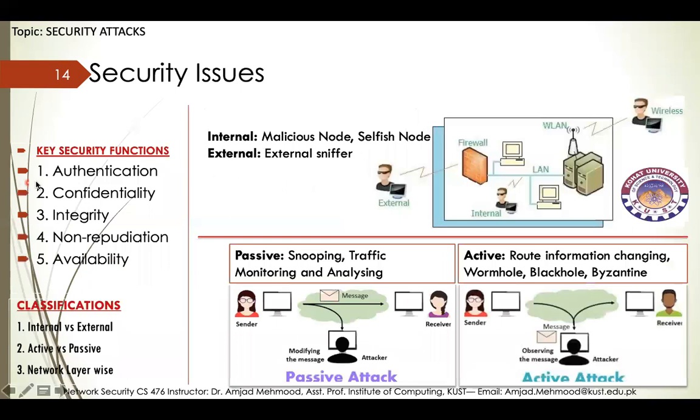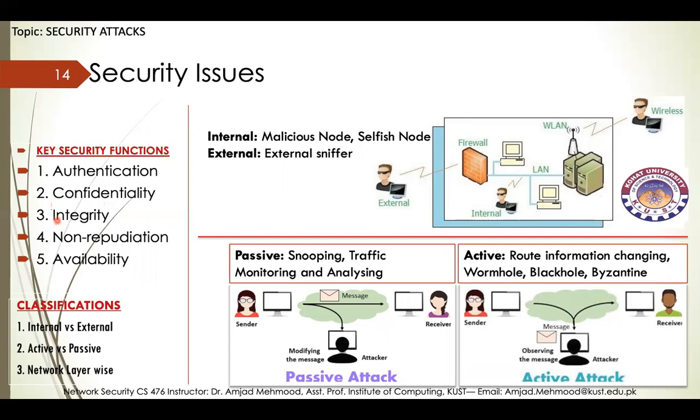And security issues, now you can see the security functions: authentication, confidentiality, integrity, non-repudiation, and availability. We have discussed this in our previous lecture. Authentication, for example, is for the resources which you try to access. If you are a valid user, then you will be allowed to access those resources. And confidentiality, only an authorized user is given access to the confidential or sensitive information.